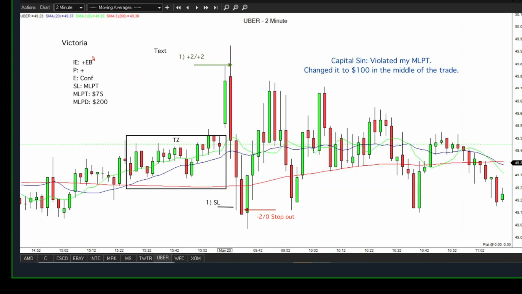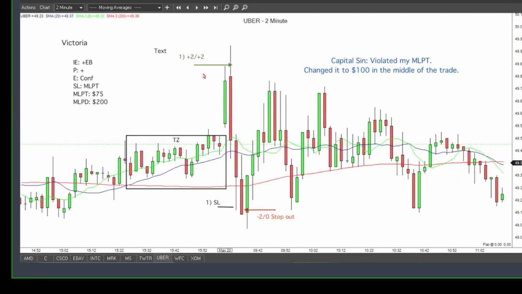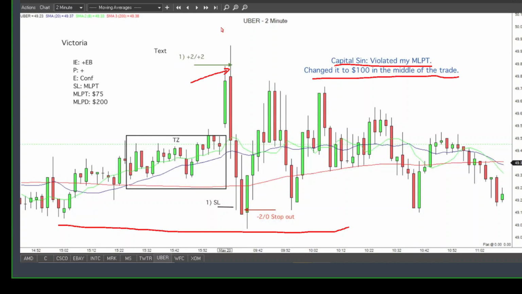And here's one from Victoria, right? So she did a confirmation entry, long 2 lots, clear elephant bar, and max loss per trade should have been down here. So she violated her max loss per trade by moving it in the middle of the trade.